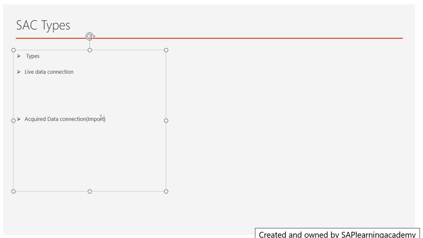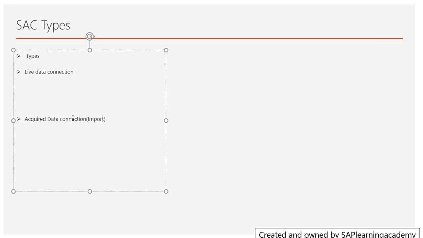Also, in live connection, you can update your data visualization or stories in real time, but here you need to refresh the data. And you need not have a space container in the cloud layer, but you need a space container when you are copying the data. So that's a little bit of difference between the live connection type and the acquired type.